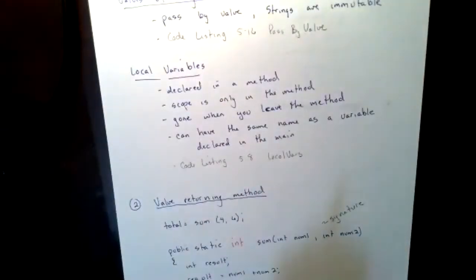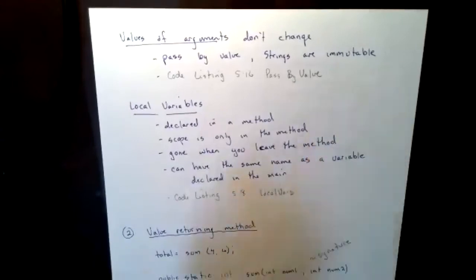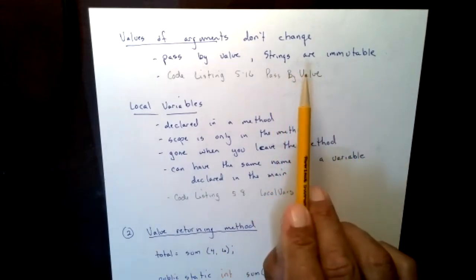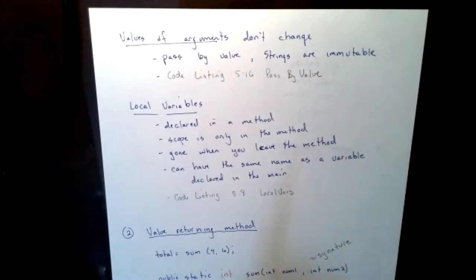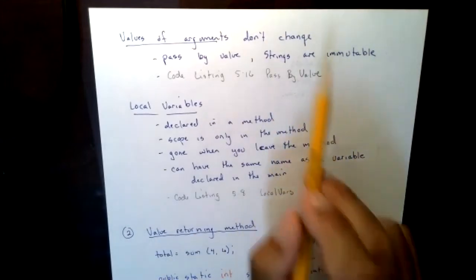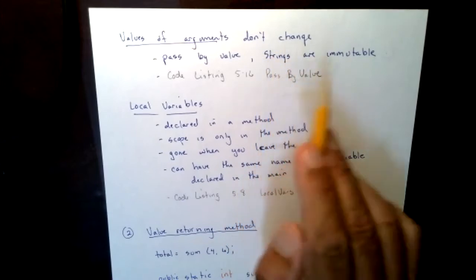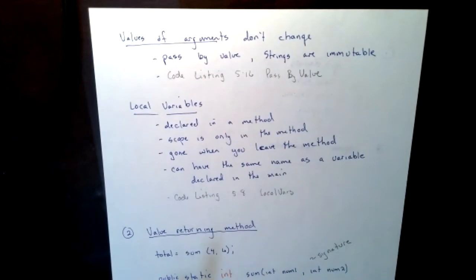So in the book in code listing 5.16, it says we are passing by value, okay? There's a little note, strings are immutable, which means they won't change either. And we'll get into a much deeper conversation about that later, because remember, a string variable is a memory address. And that's a little bit deeper conversation we don't need to have right now.